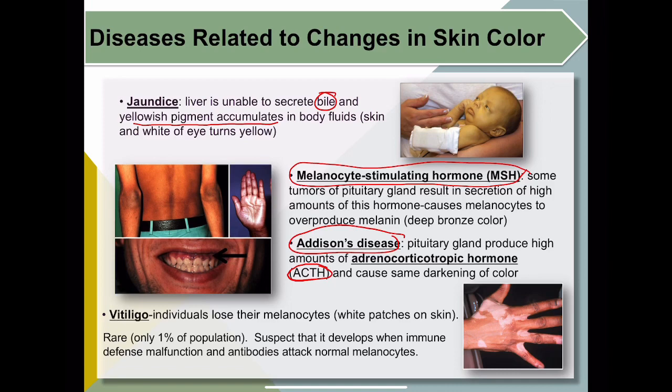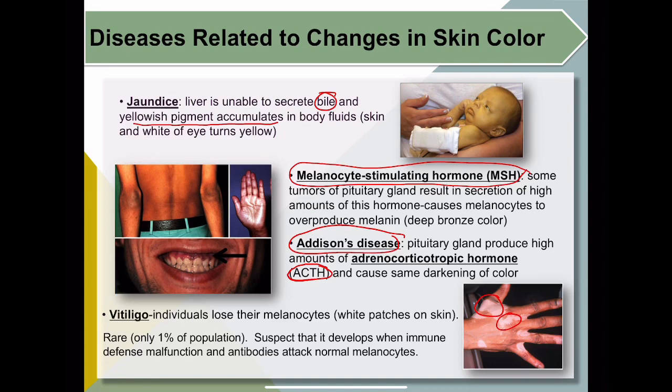Okay, melanocytes are there, but they're not producing melanin. For vitiligo, it's a different type of skin pigmentation disease where these individuals actually lose their melanocytes. And when you lose those melanocytes, you can't form melanin, and that's why you end up forming these white patchy areas on the skin.